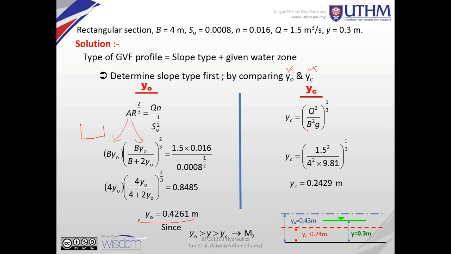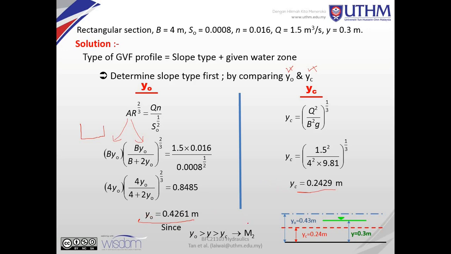So substitute all the known parameters inside this formula to give the yc value equal to 0.24 meters.